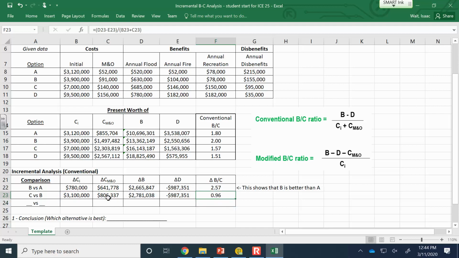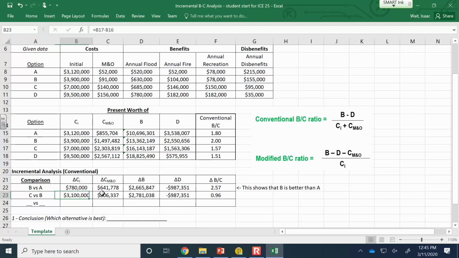Okay, 0.96 means that if I spent the extra dollar that you spent to get option C instead of option B, for each additional dollar you spend, you only get 96 cents in incremental benefits.